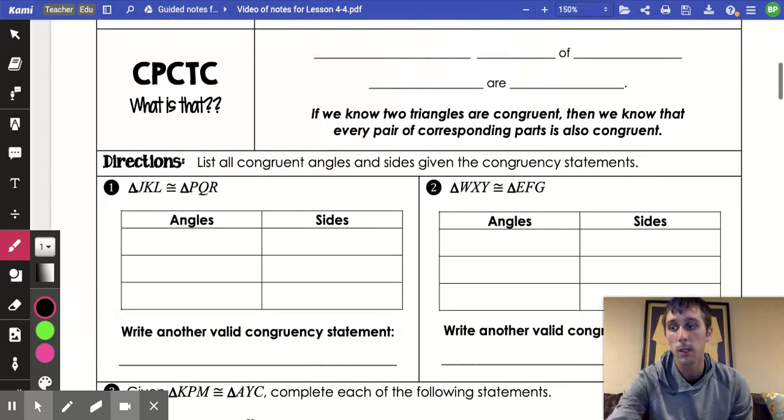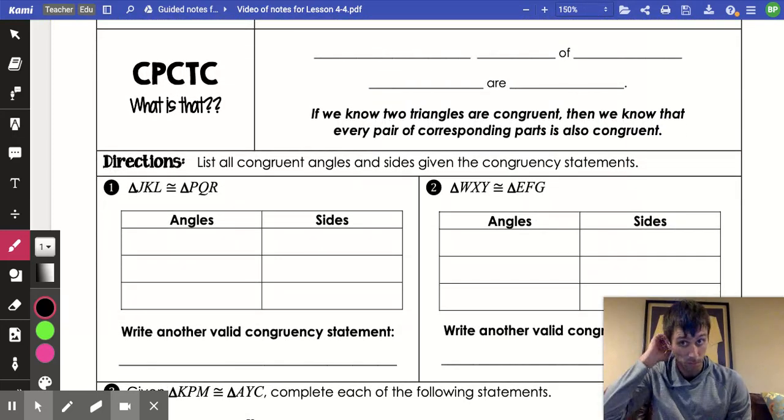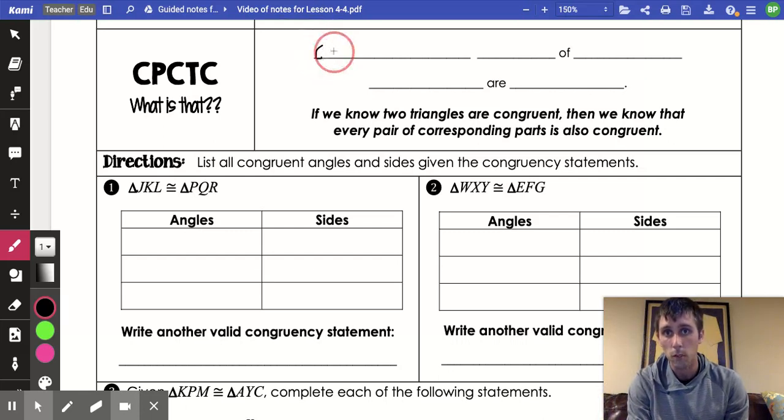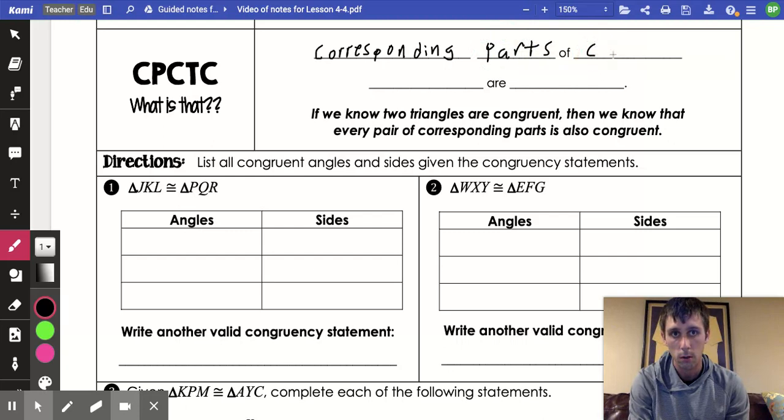So CPCTC. What is that, right? It's an acronym. So corresponding parts of congruent triangles are congruent, all right?